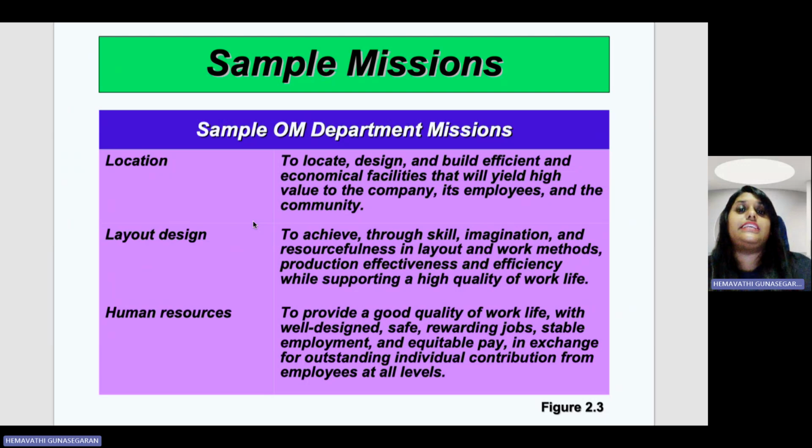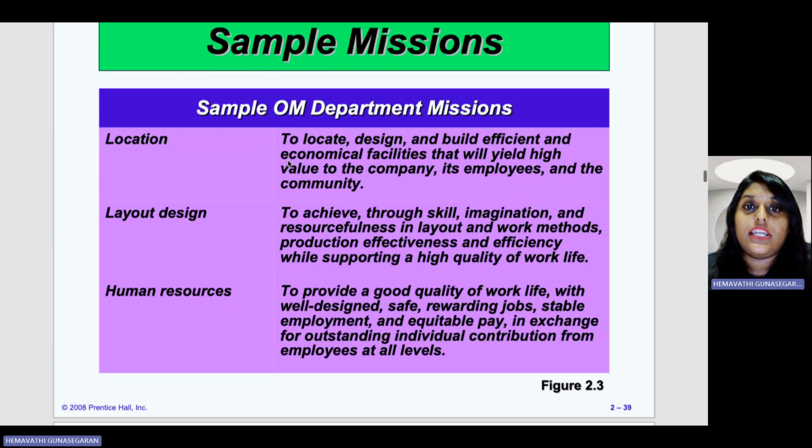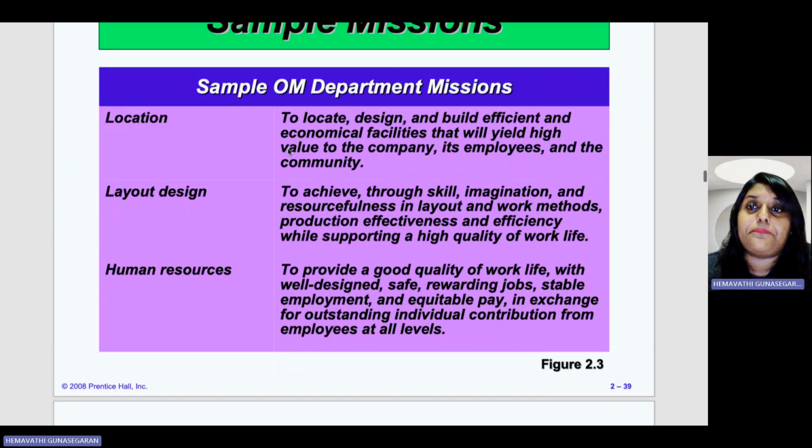For locations, the mission statement is based on their job only: to locate, design, and build efficient and economical facilities that will yield high value to the company, its employees, and the community.